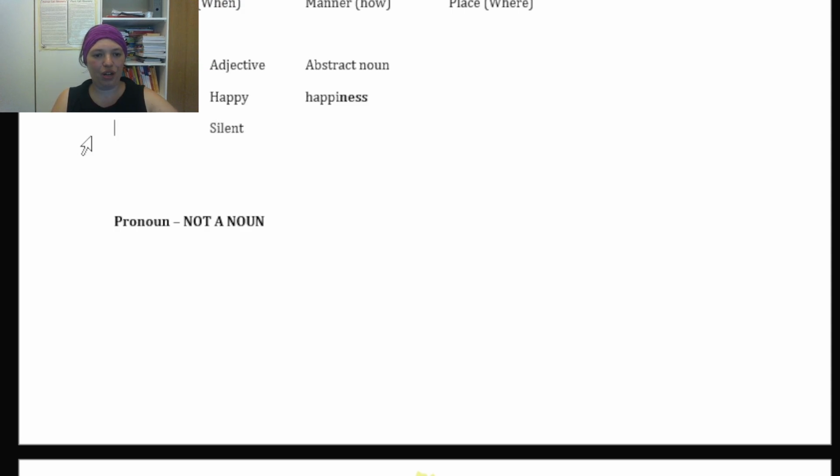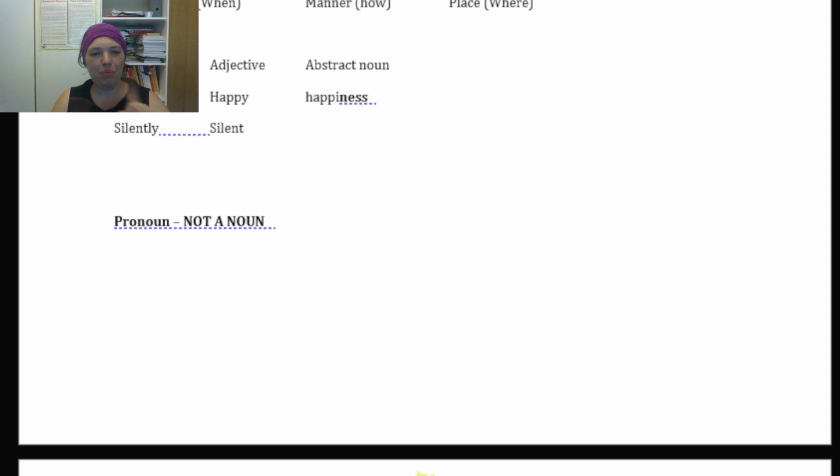Or, if we turn it into an adverb, silently. How did he walk down the street? Or down the staircase? How? Silently. So it tells us how. So it is an adverb of manner.